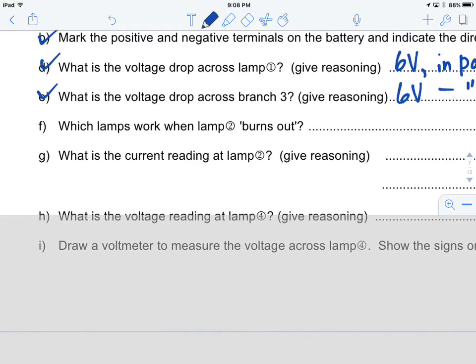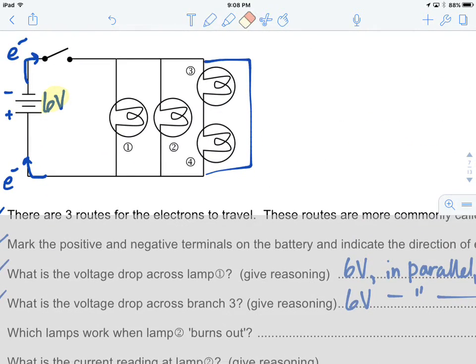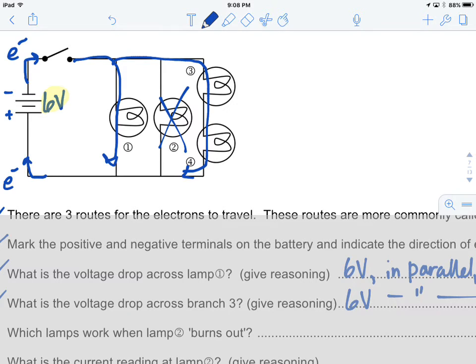Okay? Which lamps work when lamp 2 goes out? So this is the nice thing about parallel circuits. In this one, you totally would have seen when you wired this up. If this guy right here goes out, current can still flow here through this lamp, and current can still flow through these lamps.